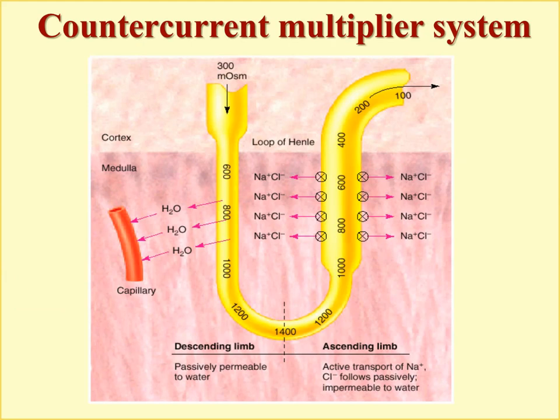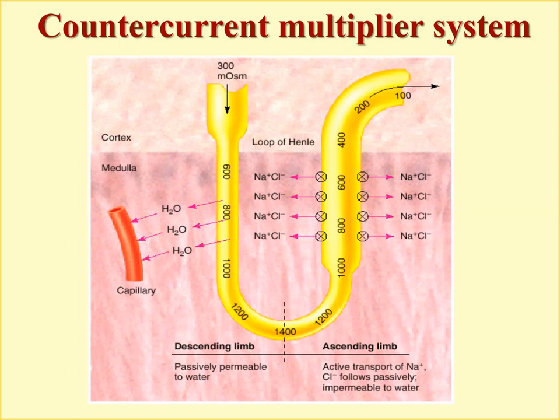Now we need to consider in detail this system of operation of the loop of Henle first, and it also operates together with the collecting duct, not shown in the picture. And this is a complex mechanism of related processes, which is referred to as the countercurrent multiplier system. First, why is it countercurrent? It's easy to understand because the filtered fluid flows first downward to the renal pelvis through the descending limb, and then it goes upward to the cortex through the ascending limb.